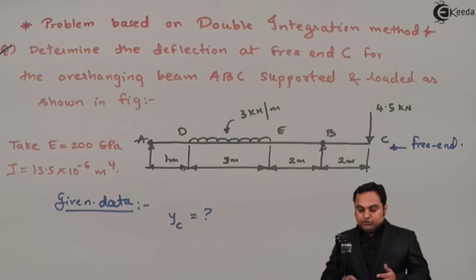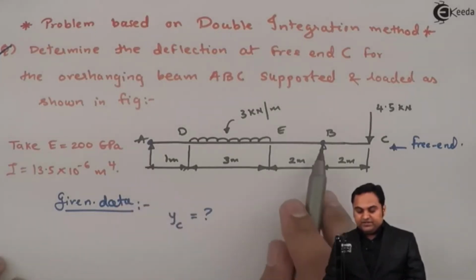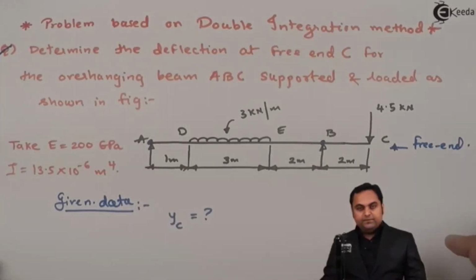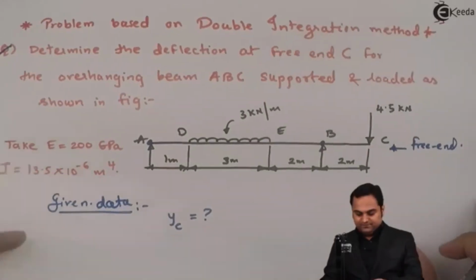Now for the solution of such a problem, the first thing we should know is the support reactions, that is, how much is the reaction at A and the reaction at B. For that I'll draw this beam again in the solution part.